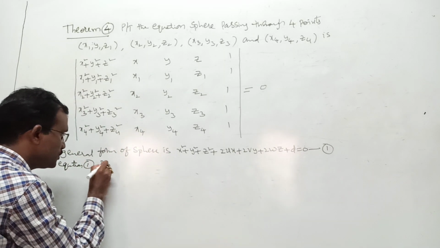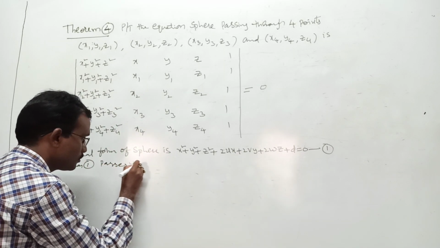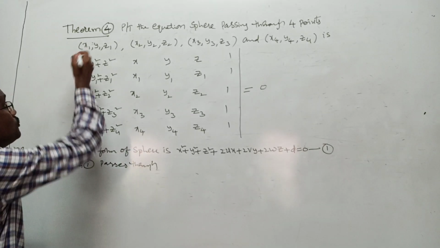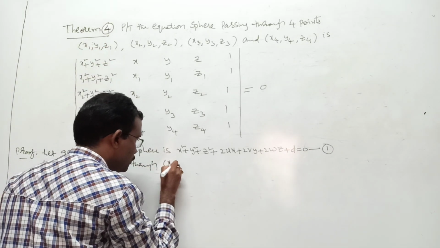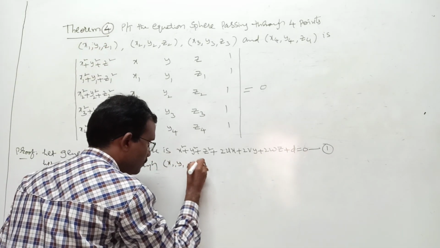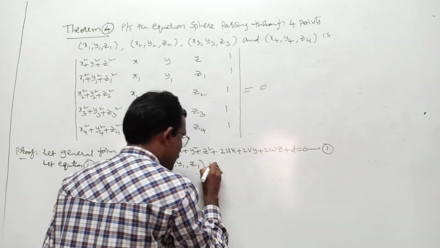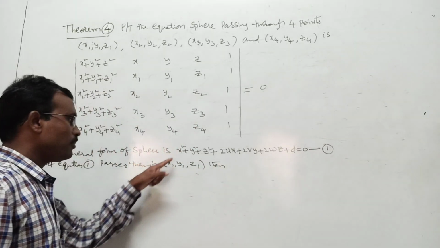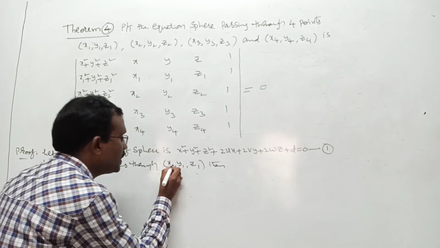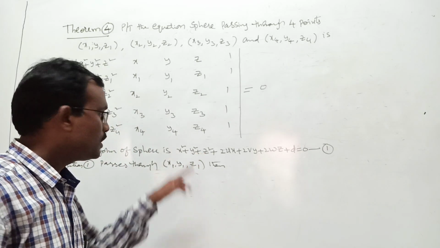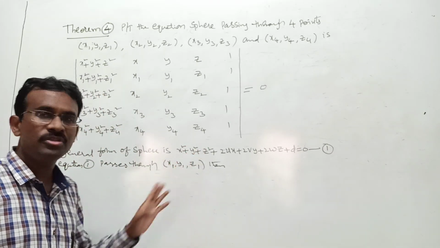Equation 1 passes through the first point x1, y1, z1. Then, if this passes through this point, it must satisfy this point. I mean, replace x with x1, y with y1, z with z1.